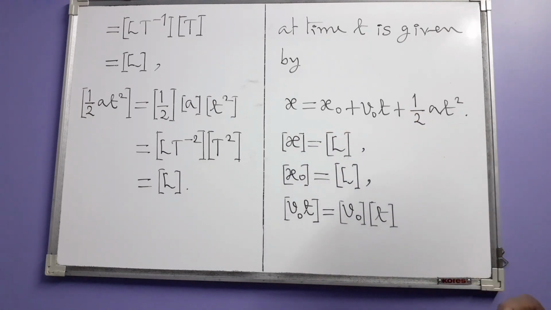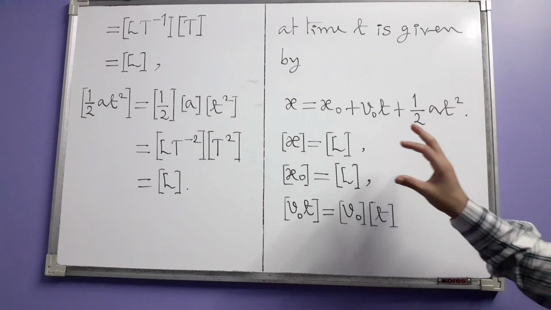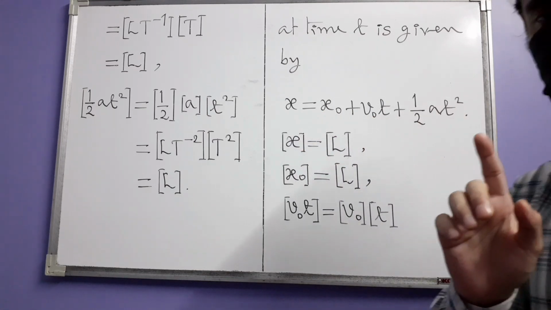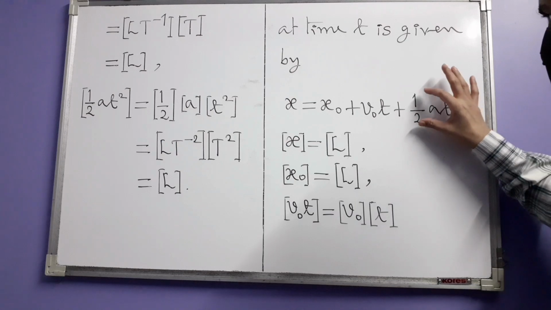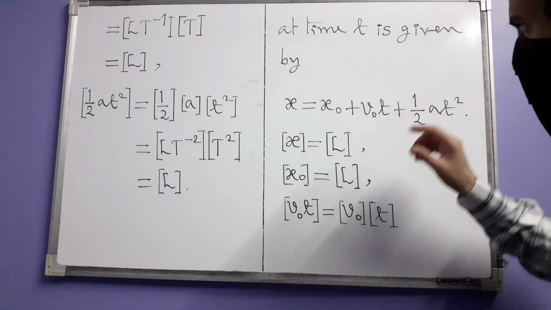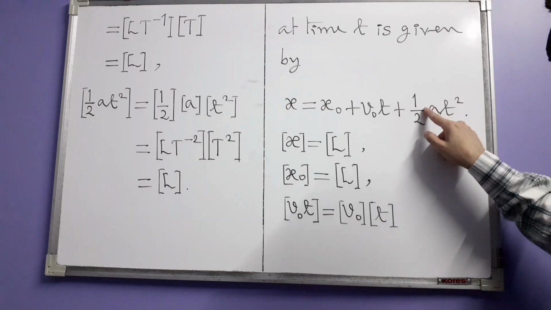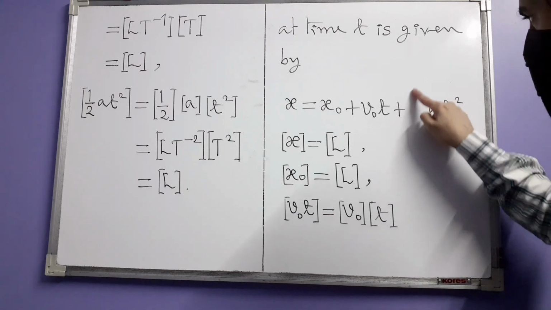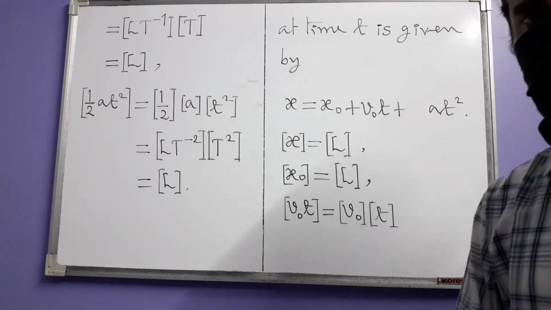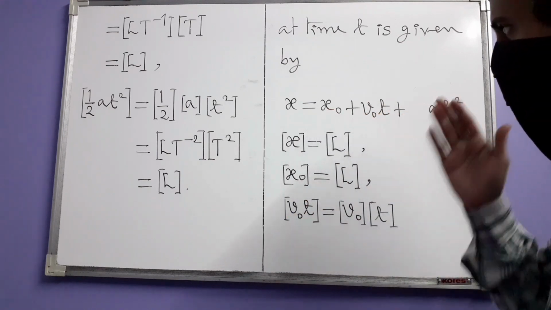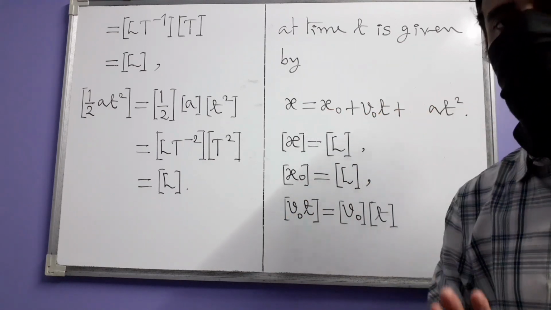You may notice one thing, that the fact that all these quantities have the dimension of length really has nothing to do with this number 1 divided by 2. So if, say, someone changes this and makes it a t square, obviously the equation has changed, but dimensionally it hasn't been affected.